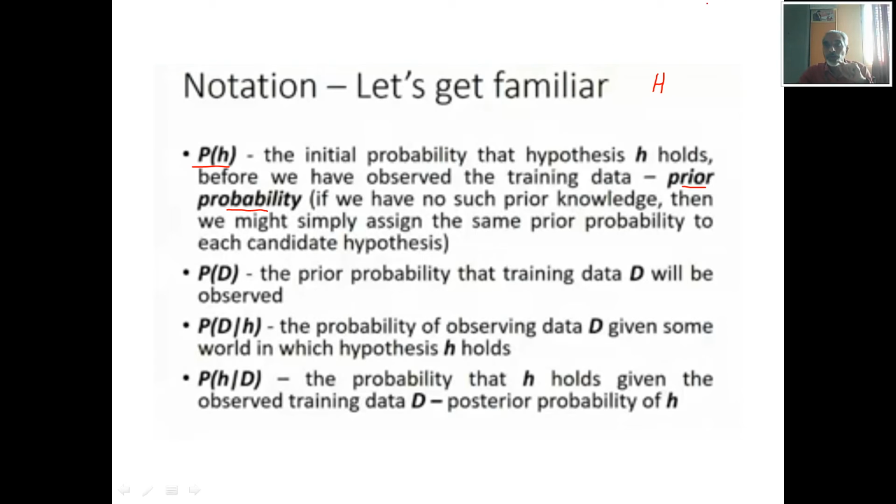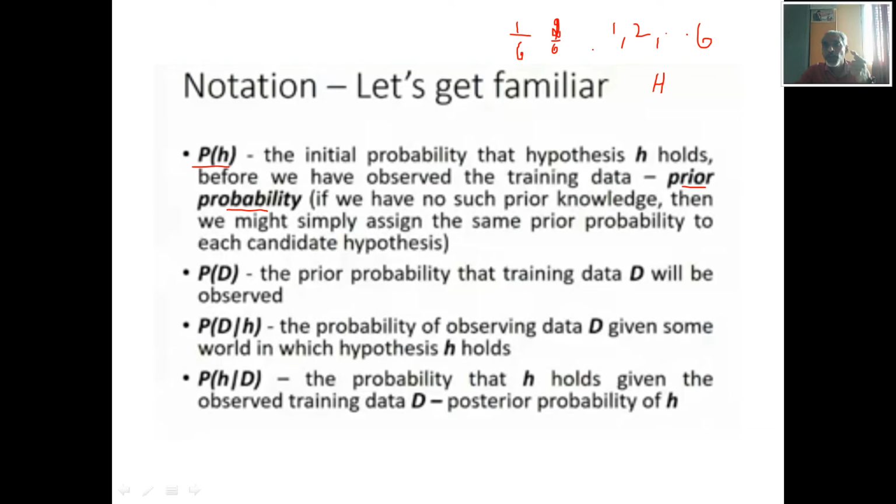When you roll a dice, what will be the sample space? From 1 to 6, any one number you are going to get. So what is the chance that you get 1? It is 1 by 6. What is the probability that you get 2?